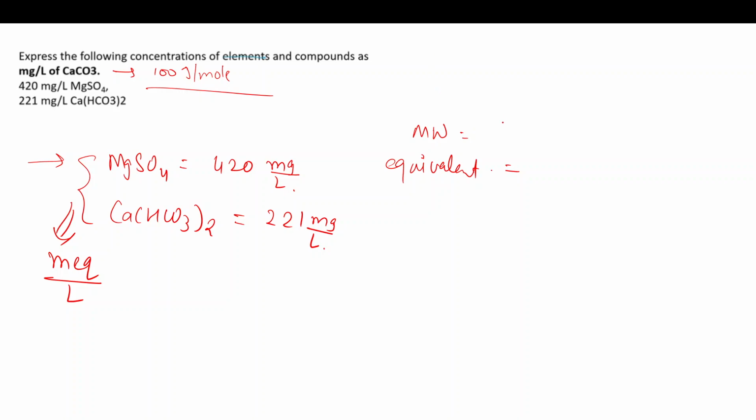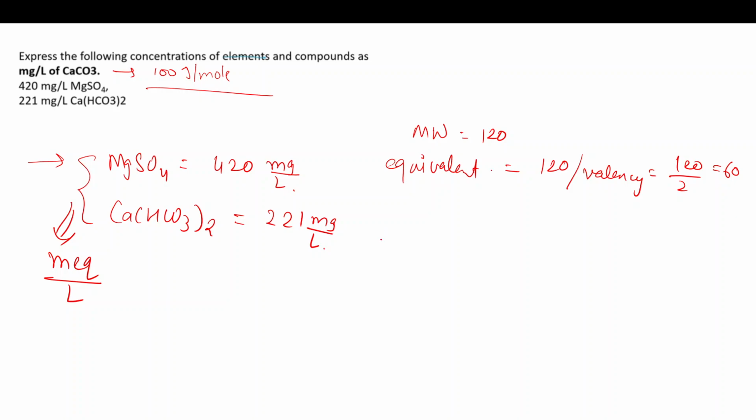So it should be 120. Now 120 will be the molecular weight divided by valency, right. So valency here is 2, so 120 by 2 is 60. So 60 is the equivalent weight, equivalent per mole.